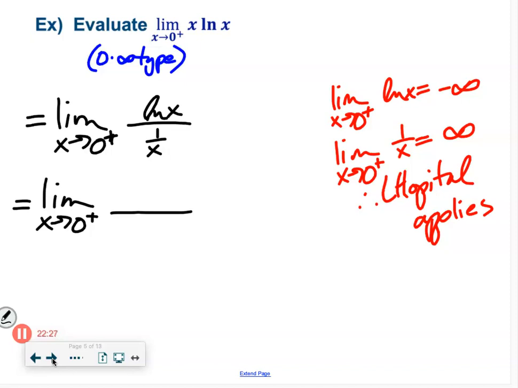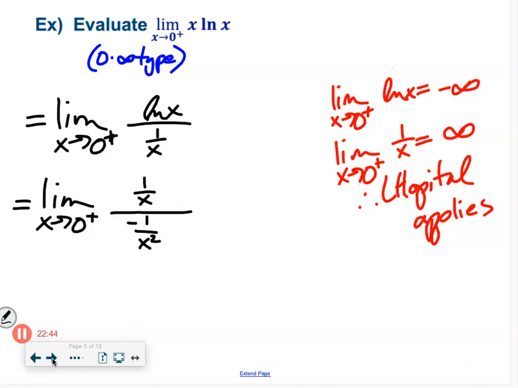What's the derivative of ln x? 1 over x. What's the derivative of 1 over x? Negative 1 over x squared. This is x to the negative first, so the derivative is negative x to the negative second, or negative 1 over x squared.